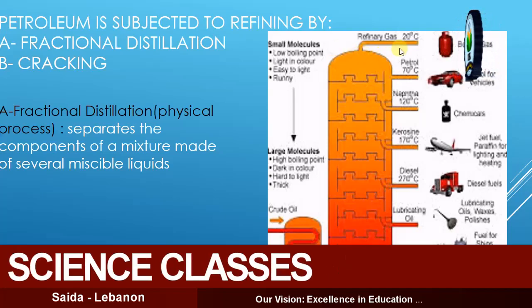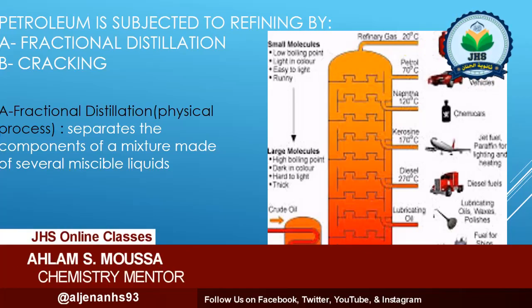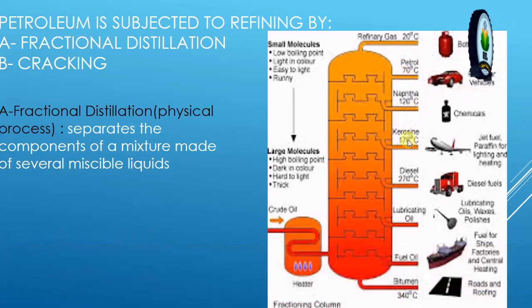Both are correct, and they may ask you about these two names. At the top we have the bottled gases. At 70 degrees we have petrol for cars. We have naphtha, kerosene, diesel, and fuel oil, and oil for roads and roofing.